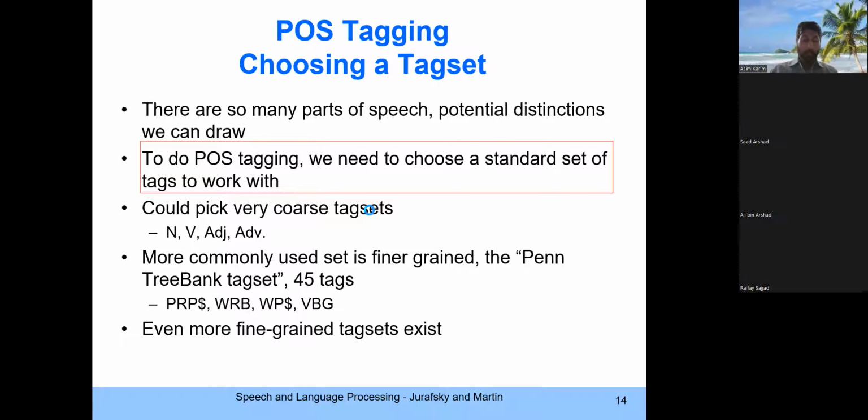So in most applications of NLP, we usually use a smaller number of tags, usually the 6, 7 that we mentioned earlier on. So noun, verbs, adjectives, adverbs, prepositions, pronouns, determiners, and conjunctions.